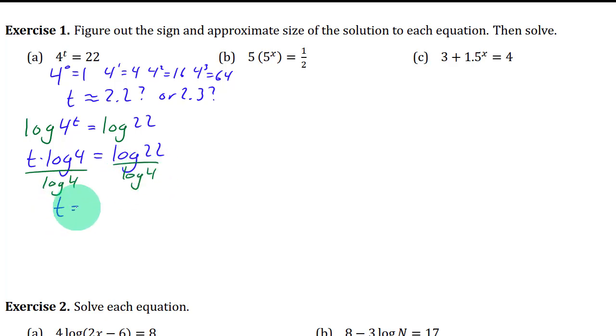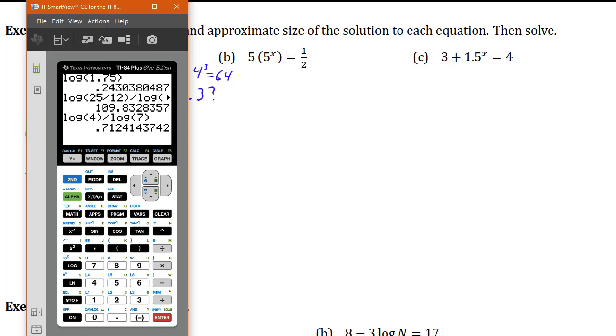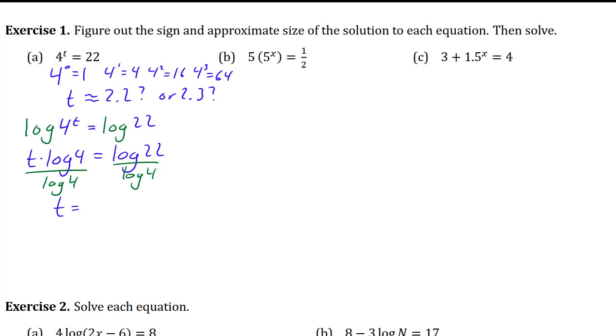And you'll get t equals log of 22 divided by log of 4, which is 2.2297. Yeah, so I was right about 2.2.